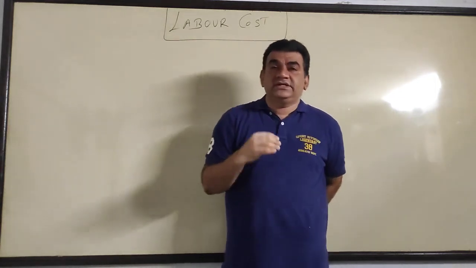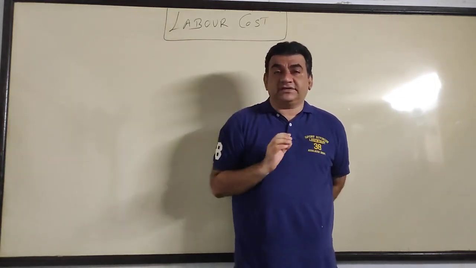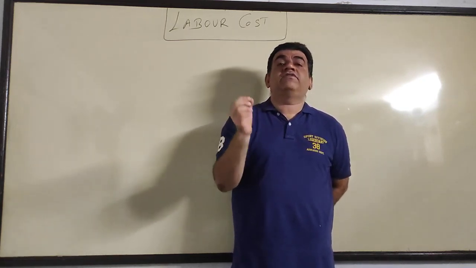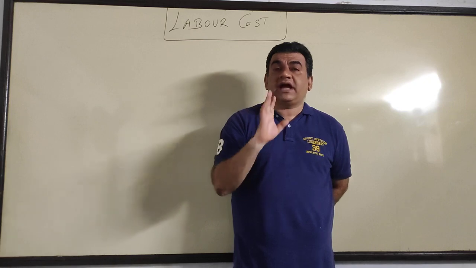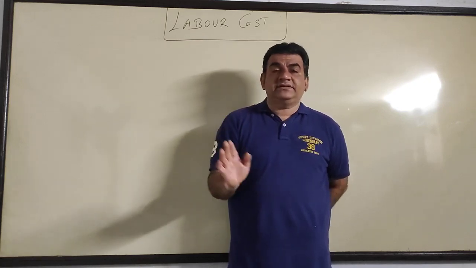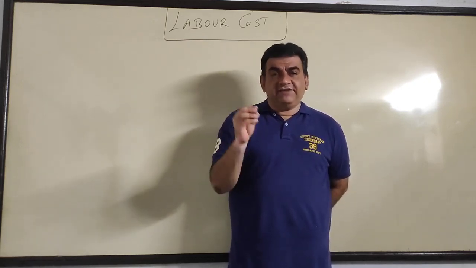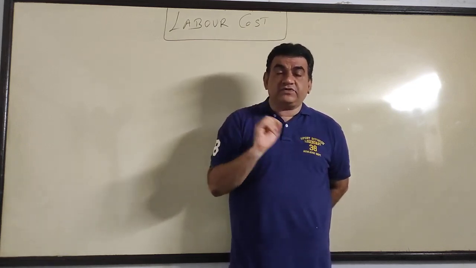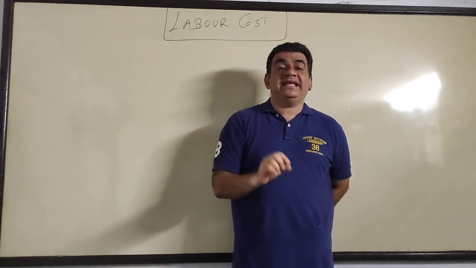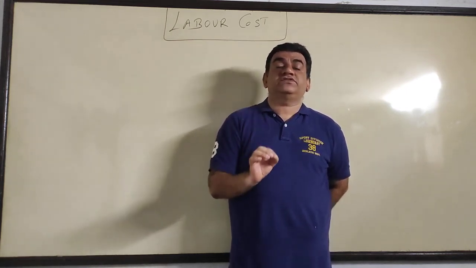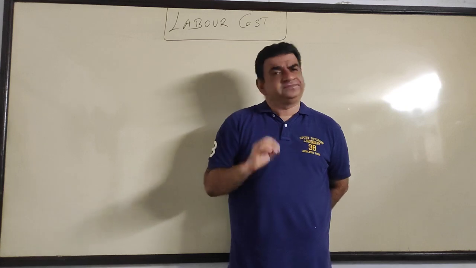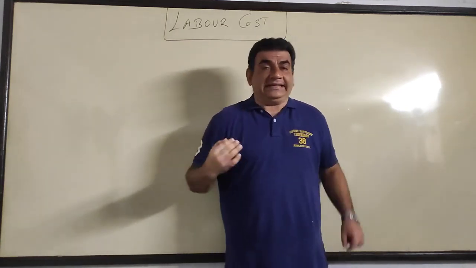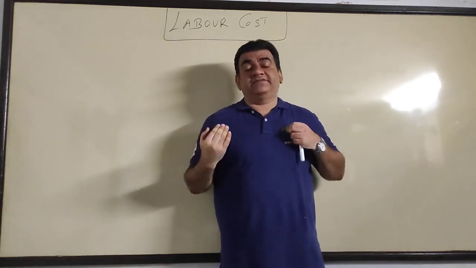Say, for example, you are giving a worker an hourly rate of, say, 100 rupees per hour. If he works 8 hours in a day, 8 into 100, each worker will get 800 rupees for 8 hours of work. Now you give them an incentive.